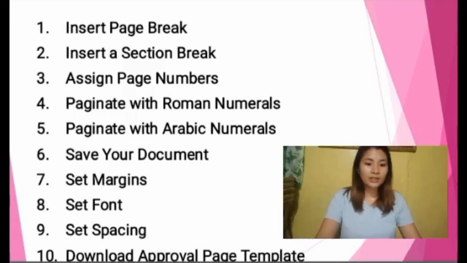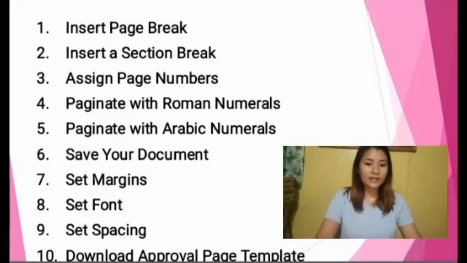Click the Page Layout tab in the ribbon at the top of the page. Fourth is, from the Page Layout tab, click Breaks. Fifth is, in the drop-down menu, under Section Breaks, click Next Page. Do not select Continuous.